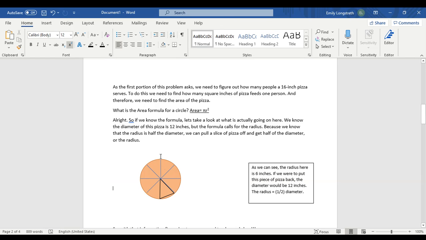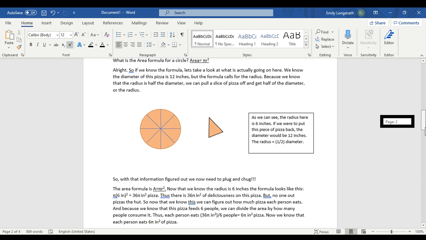If you have the slice of pizza with the pizza, and the full length of this cut line here is 12 inches. But as soon as you take away that slice of pizza, it becomes 6 inches. So, if the radius is half the diameter, we know that this radius is 6 inches.